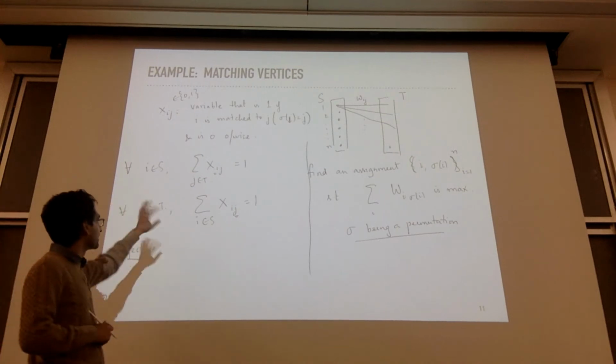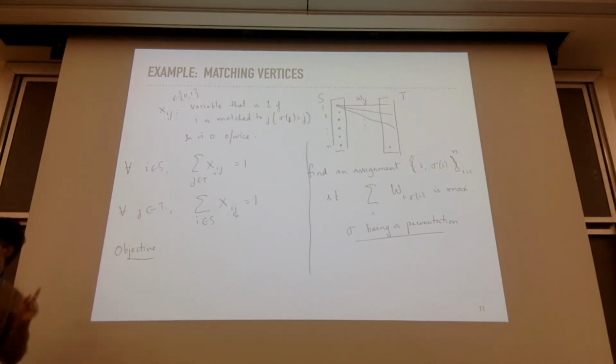I think it's fine. So now, what about the objective? What is the objective? It's kind of already written on the right side, it's to maximize w i sigma i.